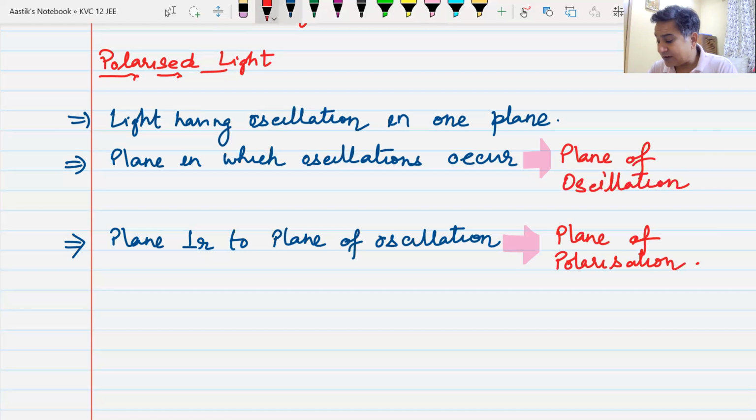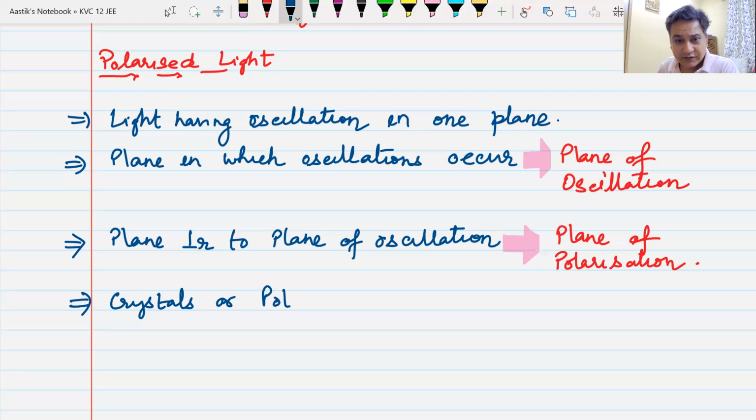How is this polarization done? Light can be polarized by passing through certain crystals. These crystals, you can call them polaroids. I hope you have heard this term polaroids. Polaroid camera, you might have heard.